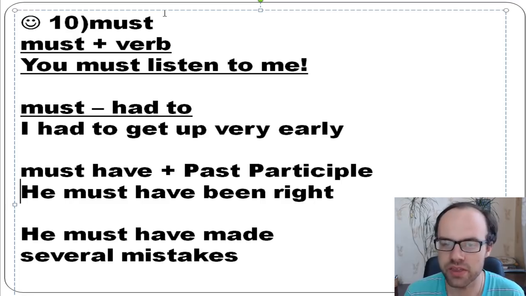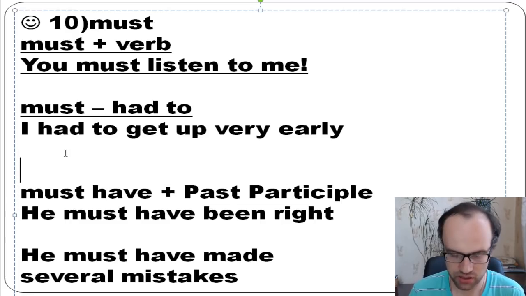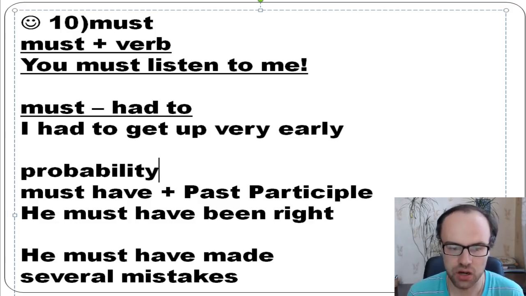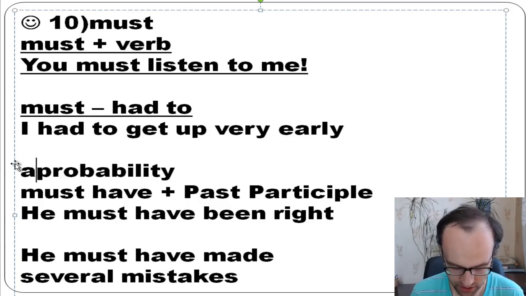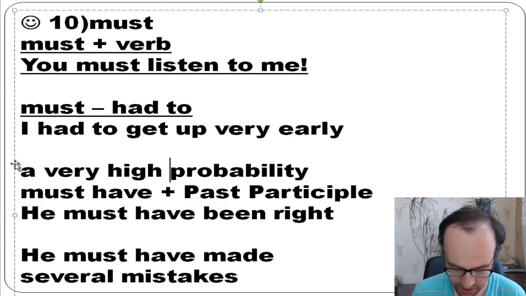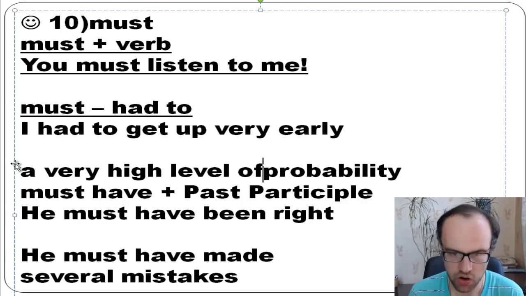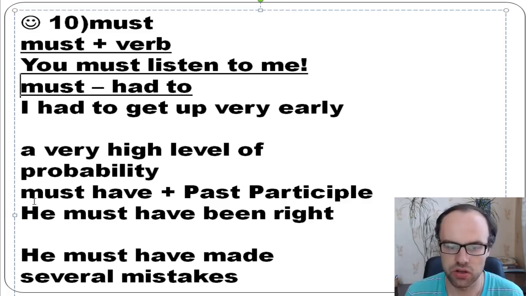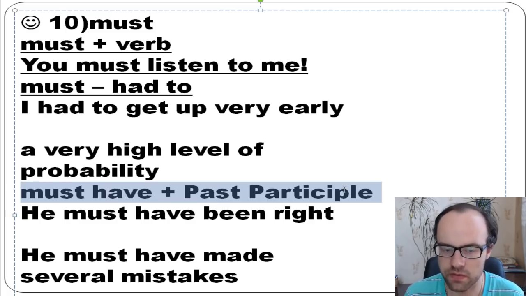But you know, must can have another meaning in the past. It can be about probability, a very high level of probability. So look, it's must have plus past participle.